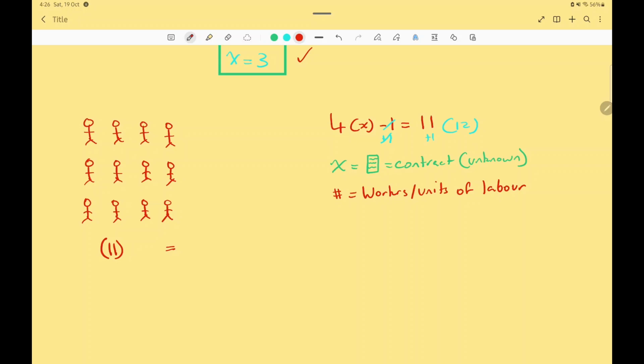However, this -1 represents a worker who has now disappeared. They've gone on leave, they've left the company, no one knows. Well, people do know, but they're not asking because they've got contracts to do.